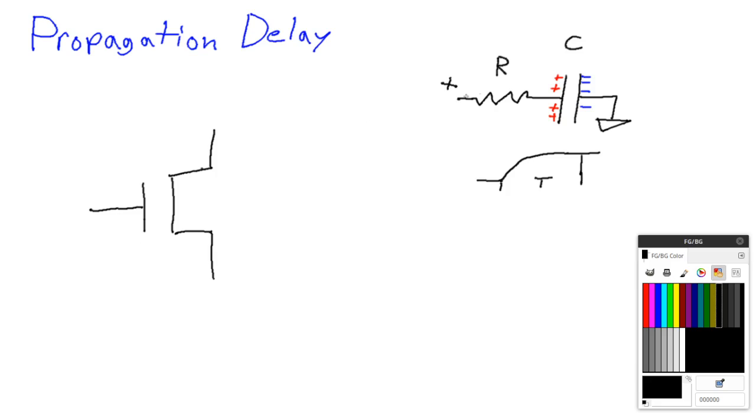And even though we don't draw it, these lines have some resistance, right? There is some, that's a really bad resistor, but there is some resistance here. And also, this is a capacitor. There is some capacitance here.